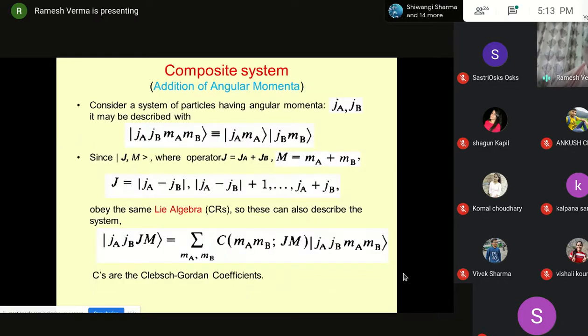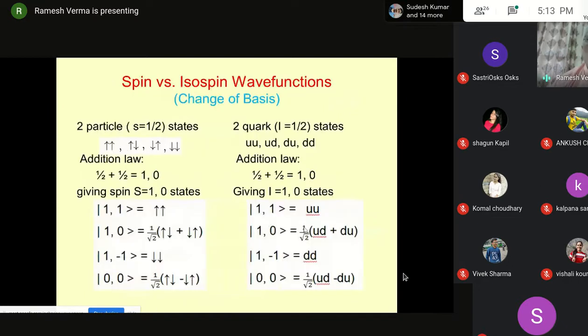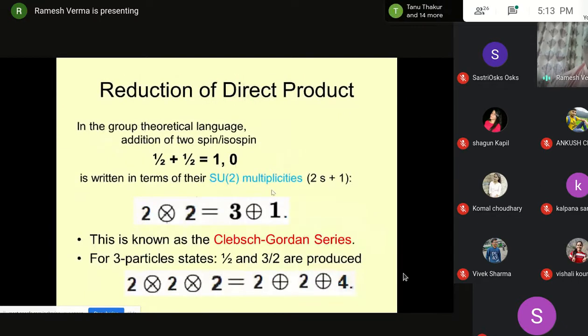So with this, this is what we understand normally. But group theoretically, we simply change the language. We don't say half plus half goes to 1 and 0. We simply write in terms of their multiplicity. What is the multiplicity of spin half or isospin half? It is 2.